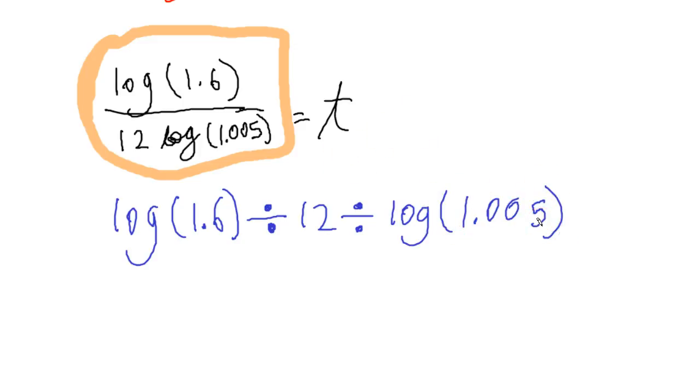So typing that in very quickly, it's log 1.6, close the parenthesis, divided by 12, divided by log of 1.005, and we get an answer that's approximately 7.85. So 7.85 is our approximate answer for t.